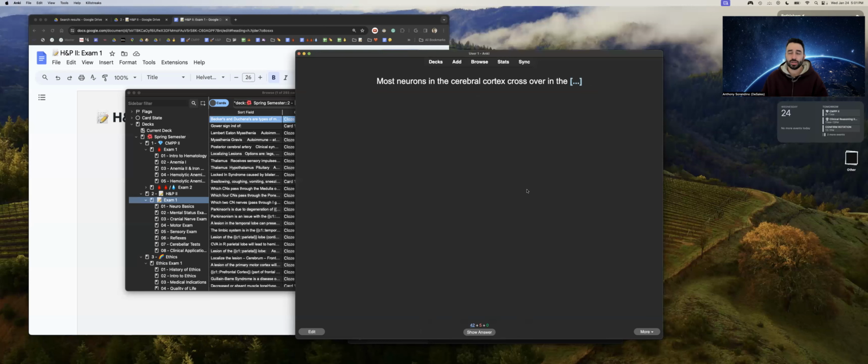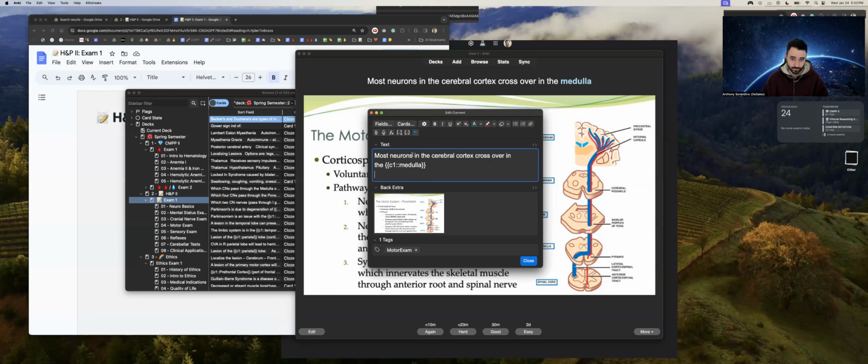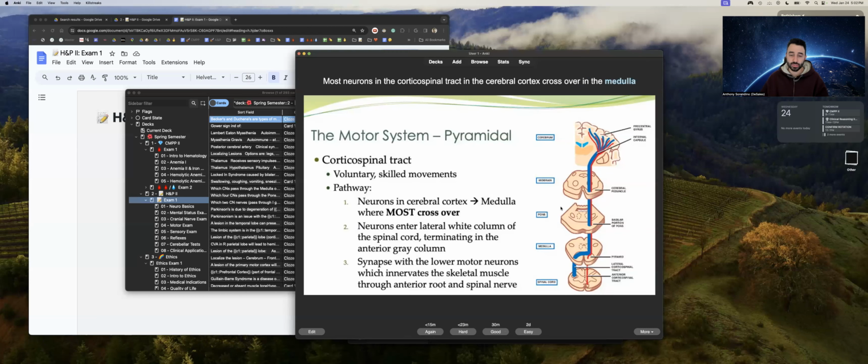Most neurons in the cerebral cortex cross over in the, you know what? Is it medulla? It is medulla. I don't think it's most neurons in the cerebral cortex. I think it's most neurons in the corticospinal tract cross over in the medulla.